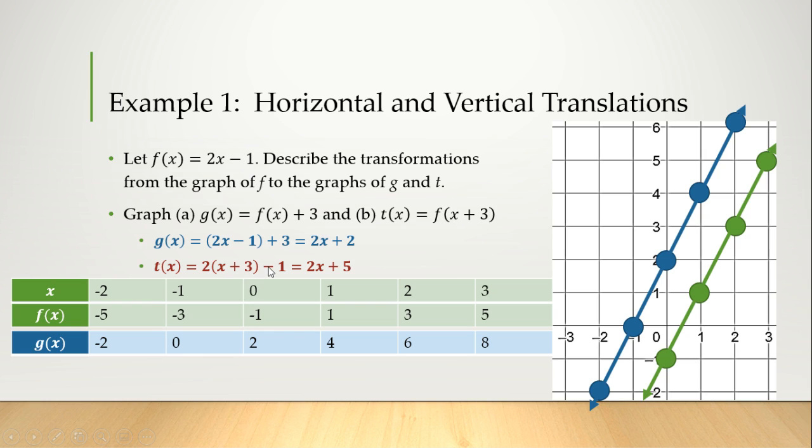And then the minus 1 that f of x also had. I can now simplify that by using the distributive property, and I get 2x plus 5. I now put all of my x numbers into this 2x plus 5 to get these outputs.